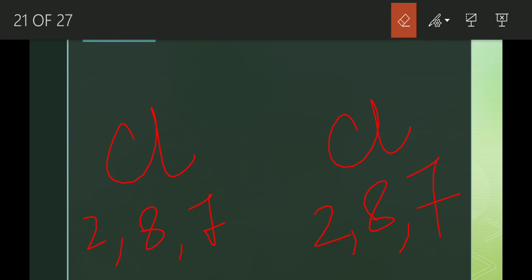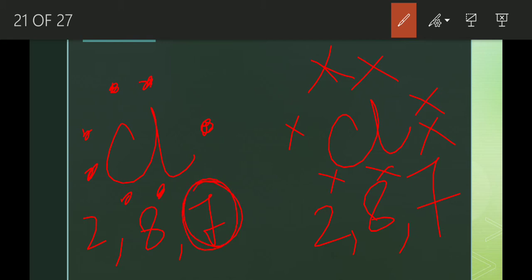How will we write it? See, 1, 2, 3, 4, 5, 6, 7. Let's make it a cross for this particular atom: 1, 2, 3, 4, 5, 6, 7. Now the nearest noble gas of chlorine is argon, whose electronic configuration is 2, 8, 8.